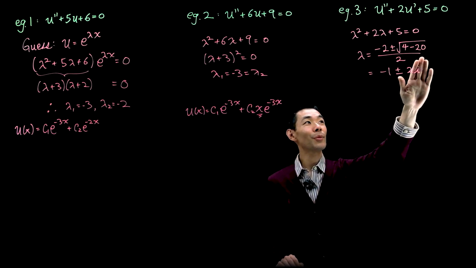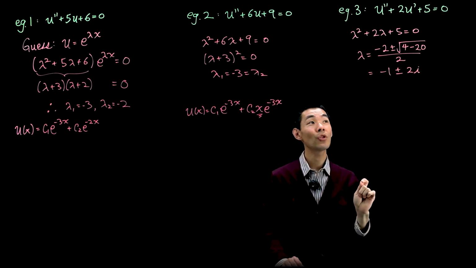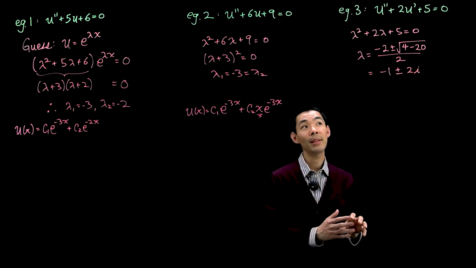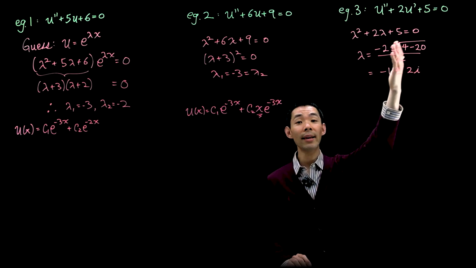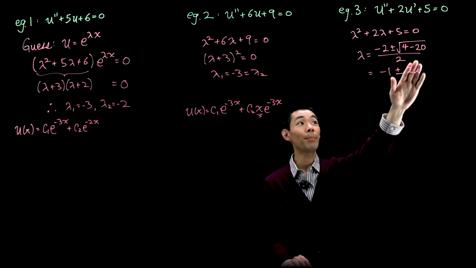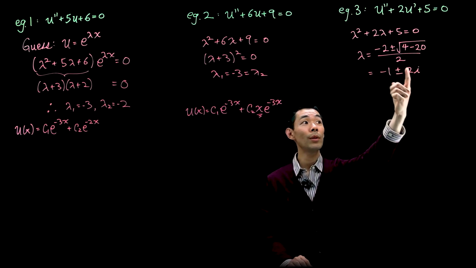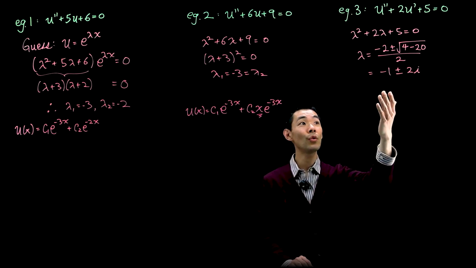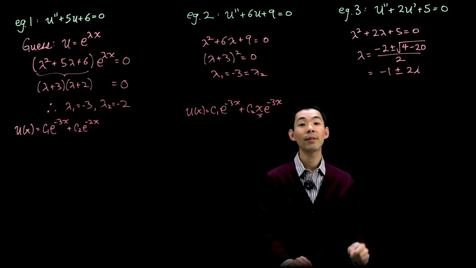And inside this square root, I have 4 minus 20. So that's -16 inside the radical, which means I'm going to have a 4i, where i is the imaginary number, divided by 2, which simply gives plus or minus 2i. And therefore, the two roots, lambda 1 and lambda 2, are -1 plus or minus 2i.